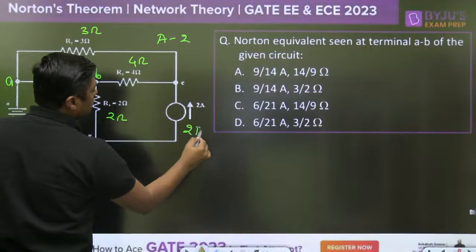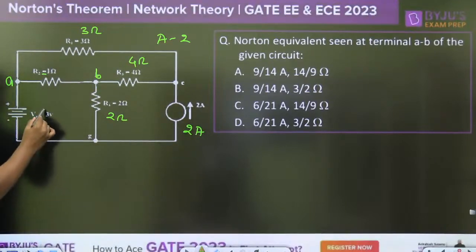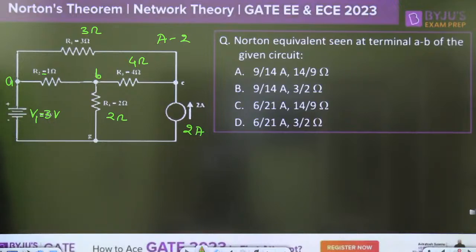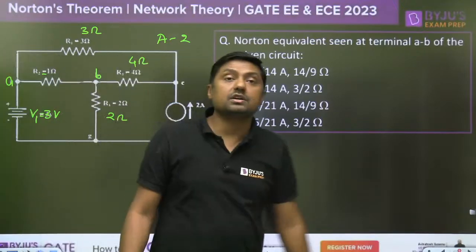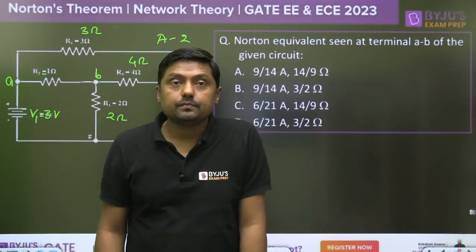This is a 2 ampere current source. This is the 3 volt. Find the Norton's across A and B terminal and check which answer is correct.